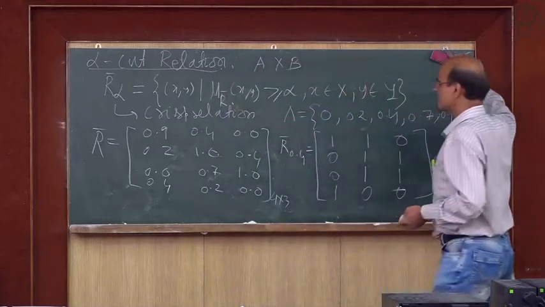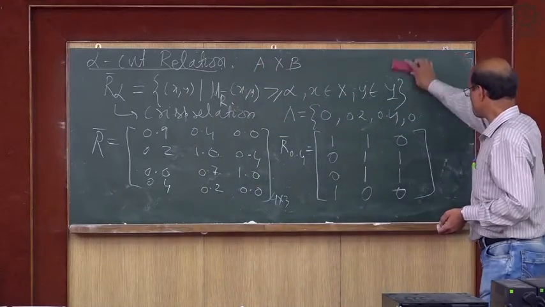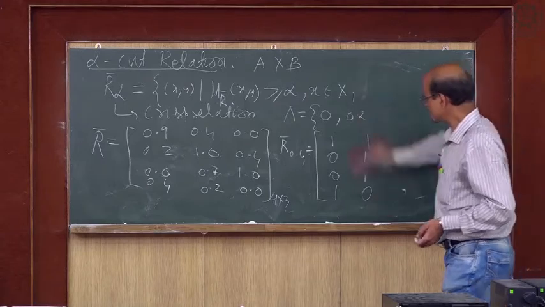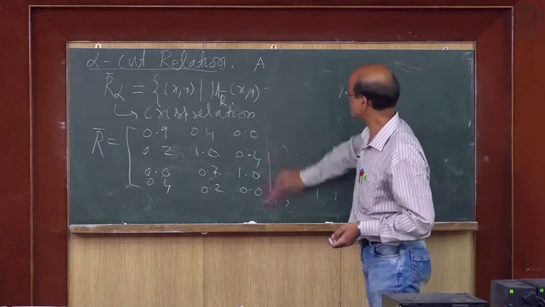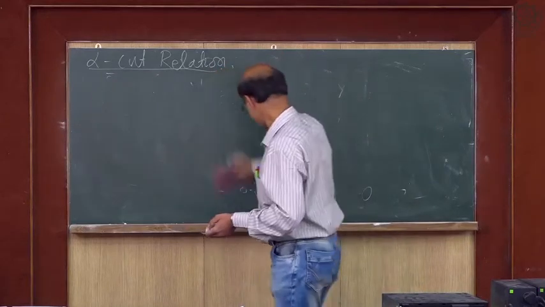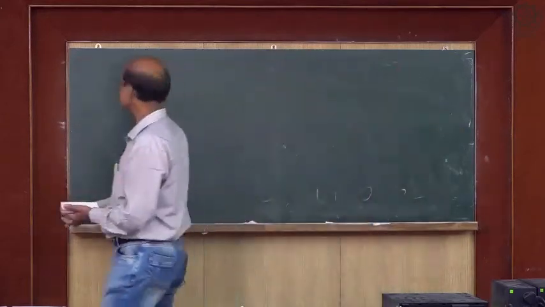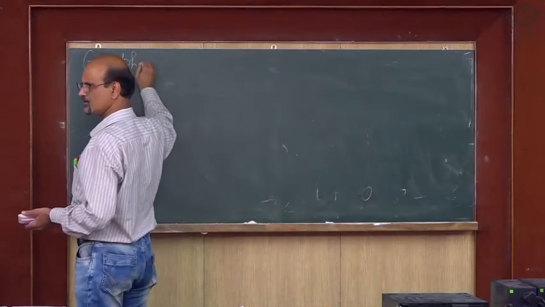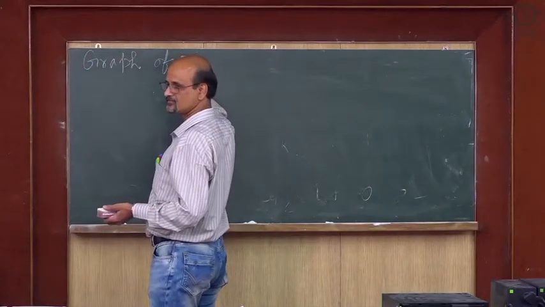Okay. So, if you have understood this, then we will go again to the equivalence relation. Actually, I want to show you the graph of an equivalence relation in one example. Graph theory you have read, no?